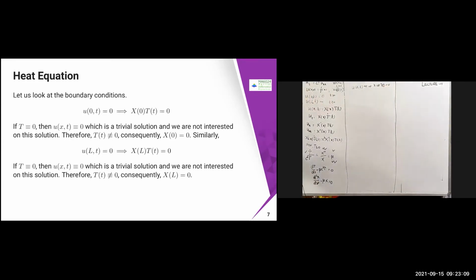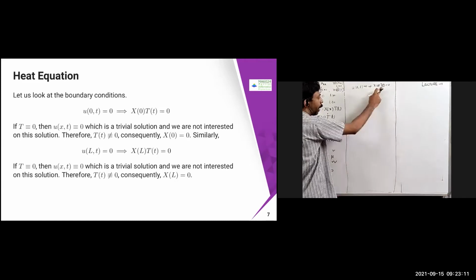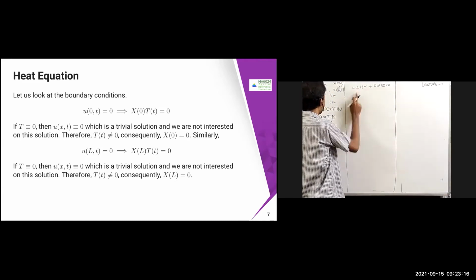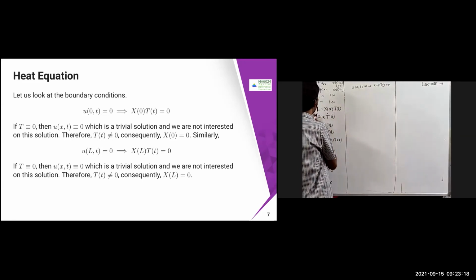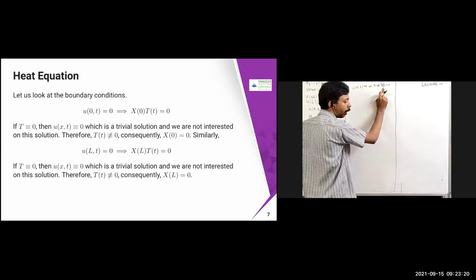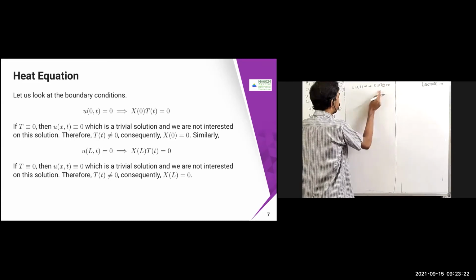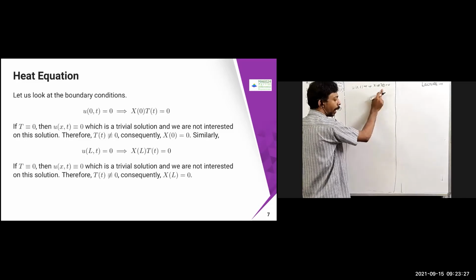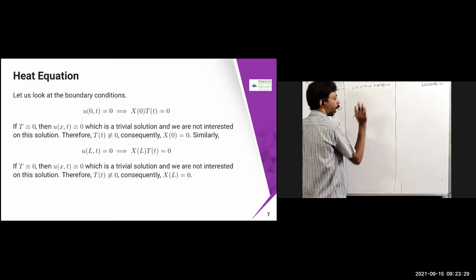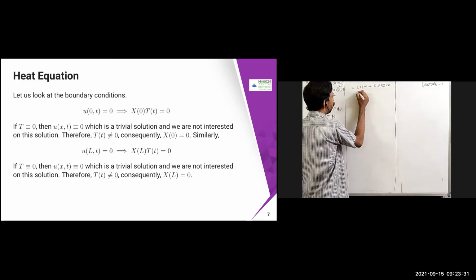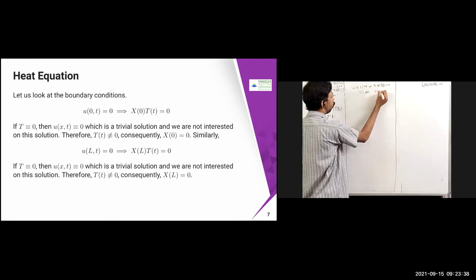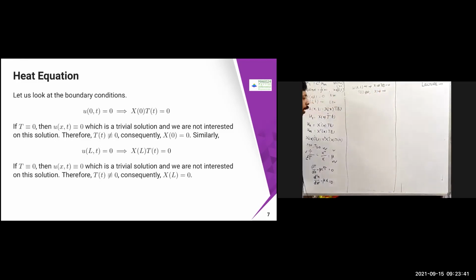If T of t is simultaneously 0, then u of x comma t is going to become 0, and we get a trivial solution. We are not interested in that solution. So I'm going to assume T of t is not simultaneously 0. That means I'm going to have X of 0 equal to 0.